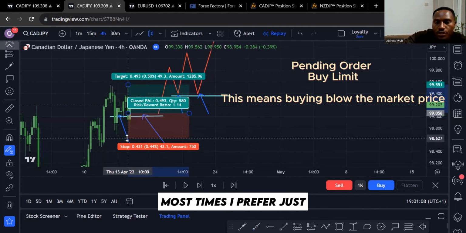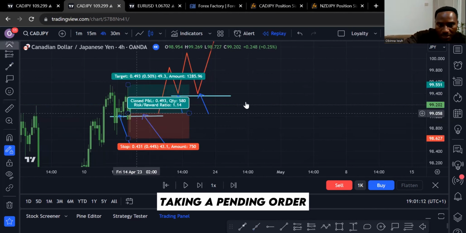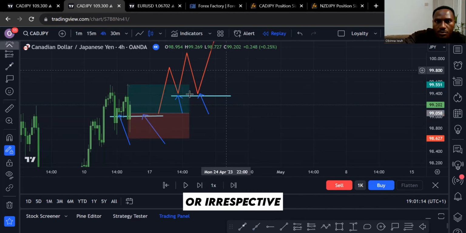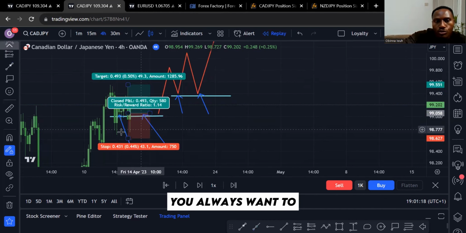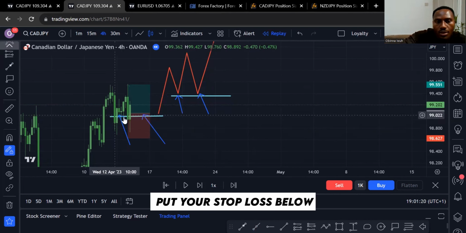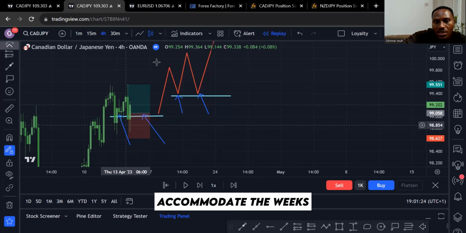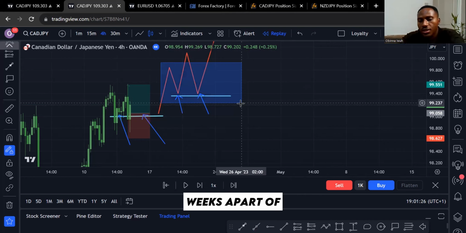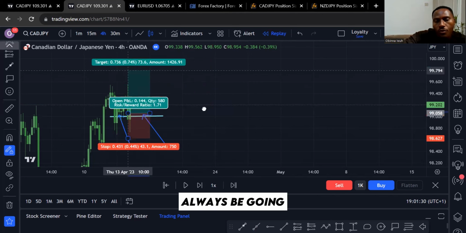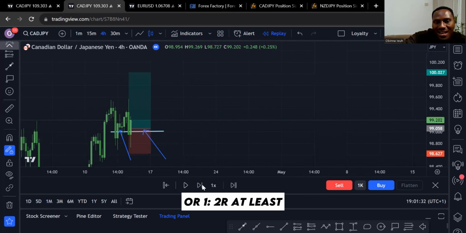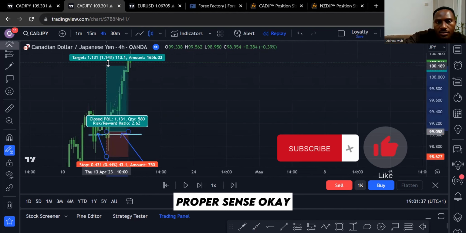Most times I prefer waiting for price to give me a better confirmation rather than taking a pending order. But if you want to take a pending order, you always want to put your stop loss below the key level, and your stop loss should also accommodate the wicks of key levels. Don't ignore them. And you want to always go for 1 to 3 or 1 to 2 at least, so that your trade makes proper sense.